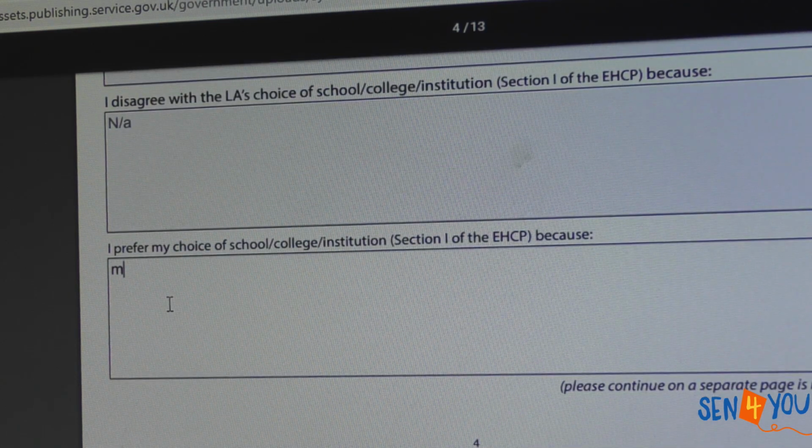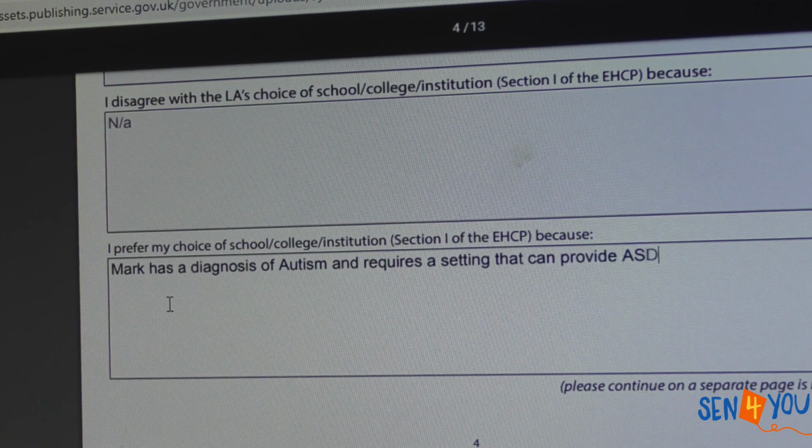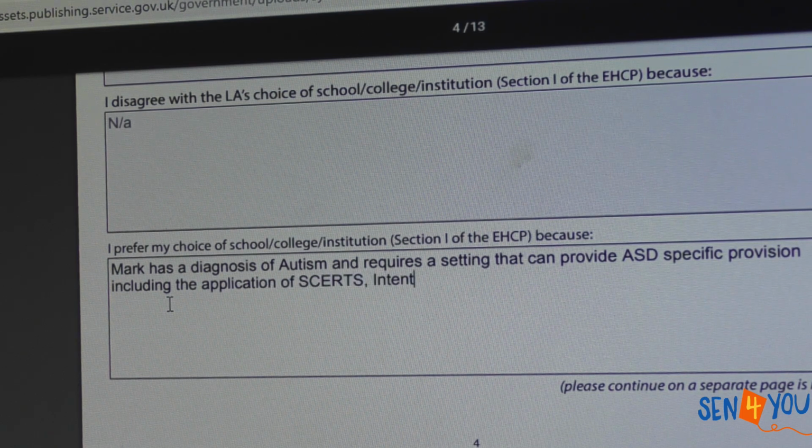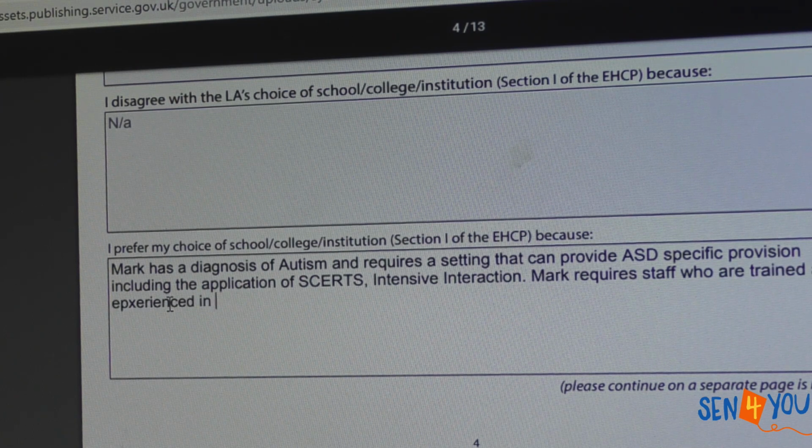We say, so Mark has a diagnosis of autism and requires a setting that can provide ASD specific provision, including the application of, let's say, autism strategies like CERTs and intensive interaction, requires specialist staff who are trained and experienced in autism, and will have AET, ASD training at levels 1 to 3.